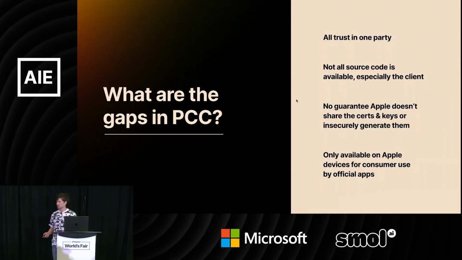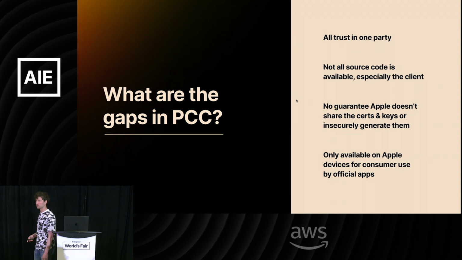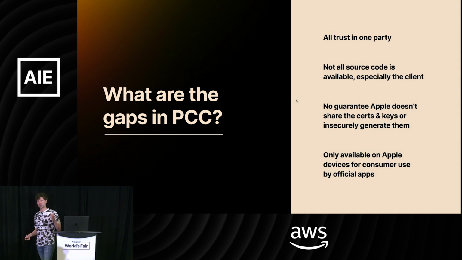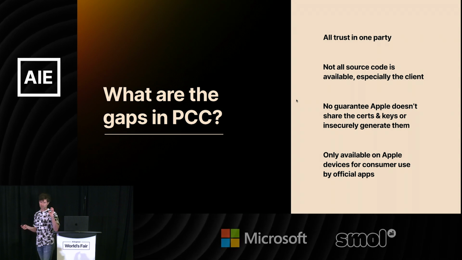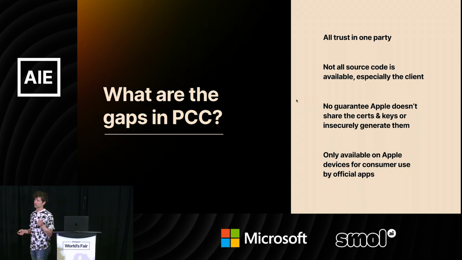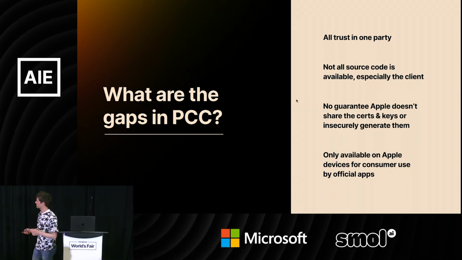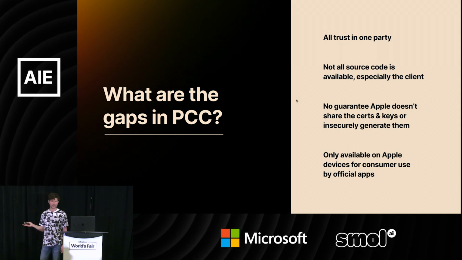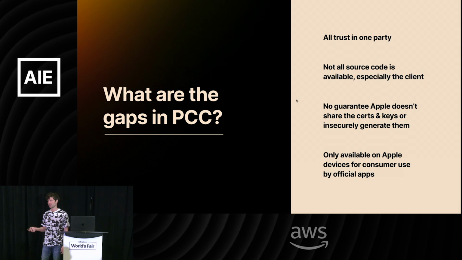So what are the gaps? What are the downsides? Well, first you have to put all of your trust in Apple still. On the bright side, Apple runs their whole supply chain. They verify the nodes when they get them at their data center. They actually re-sign them, what's called data center identity keys or something like that, DCIKs. But there's no guarantee that Apple doesn't share the certs with anyone or insecurely generate them or set the private key to 1 everywhere.